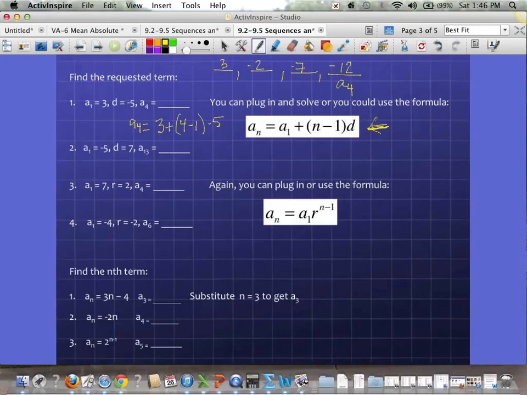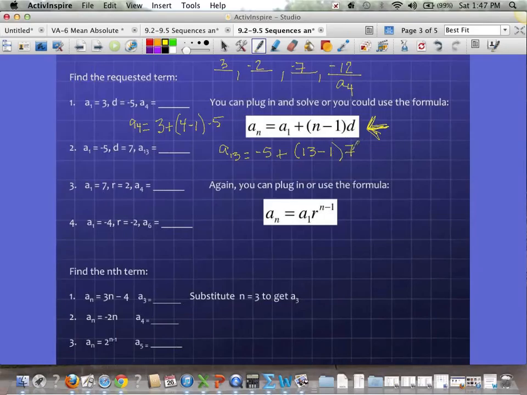Or you could actually just figure it out, just like I did, made my blanks and figured it out. But you may not want to do that when you're asked to do number 2, where they want a sub 13. That takes a little bit of time. I'm going to use my formula on this one, and I'm going to have a sub 13 is equal to, the first term is negative 5 plus, and then I want to find the 13th term, and my common difference was 7.